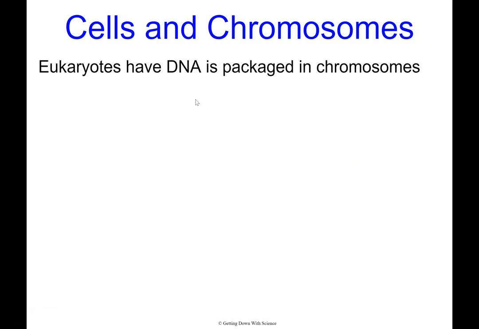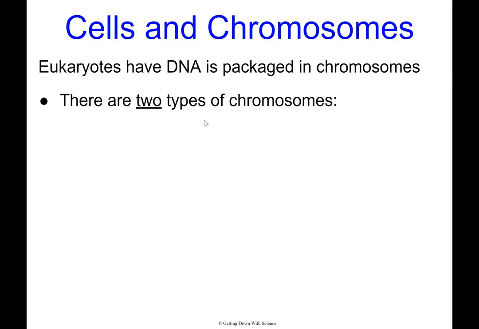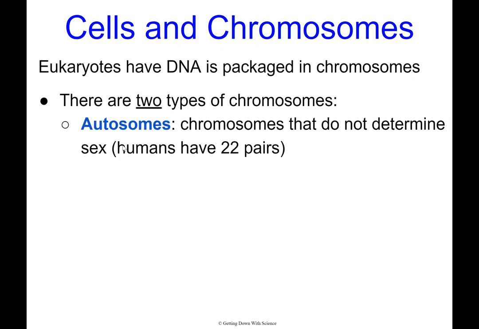So eukaryotes have DNA packaged in chromosomes, those little X-type structures. There are 2 types of chromosomes. We have autosomes, which are chromosomes that are not determining sex. In humans, that's 22 pairs, so 1 through 22.